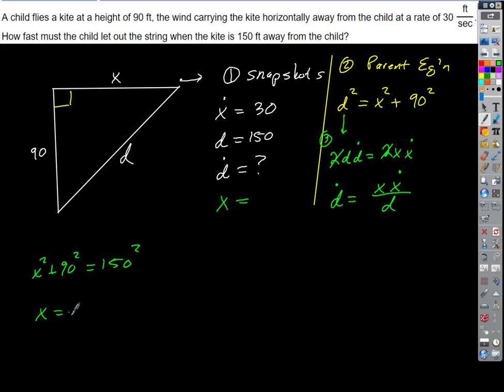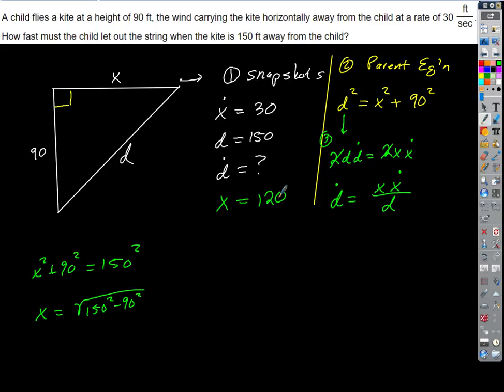So x would equal the positive square root of 150 squared minus 90 squared, which is, what is that going to be? It's going to be 120, yeah. Okay, makes sense? So x is 120. So then we can just plug that stuff in and get an answer.